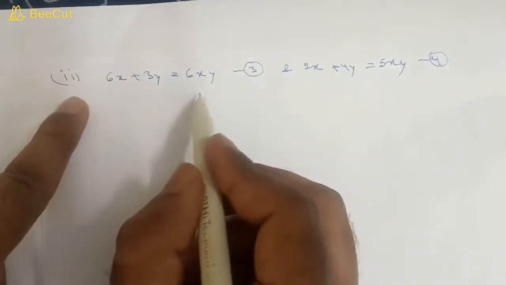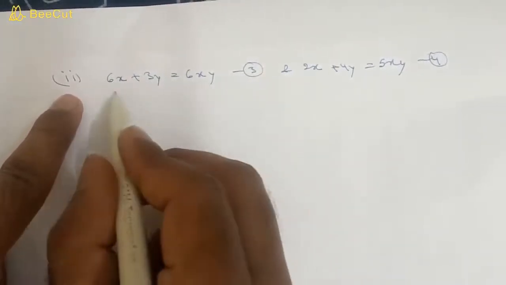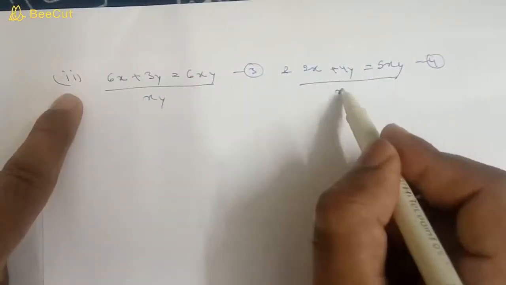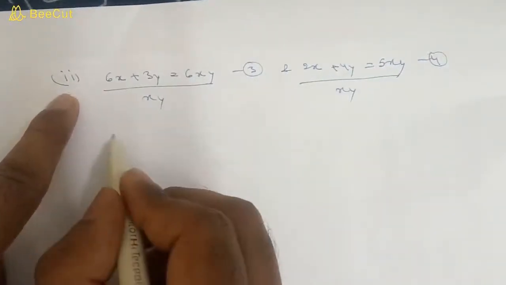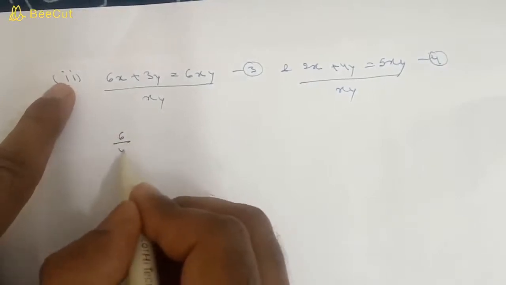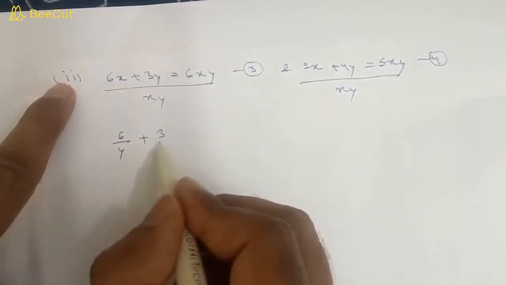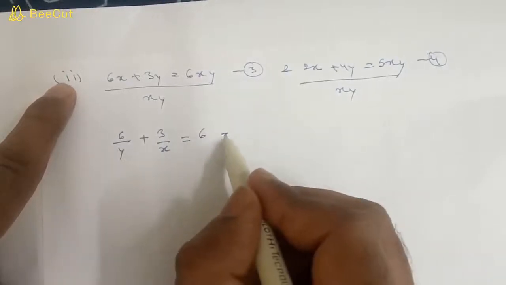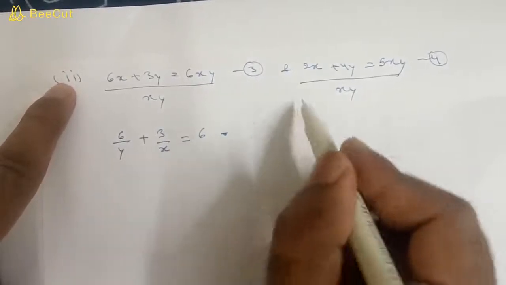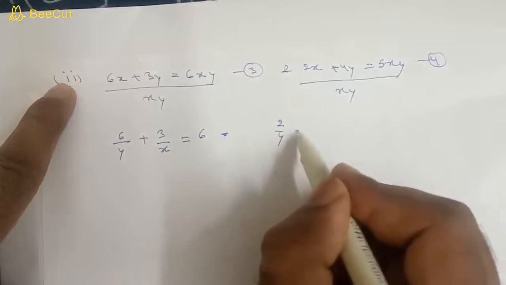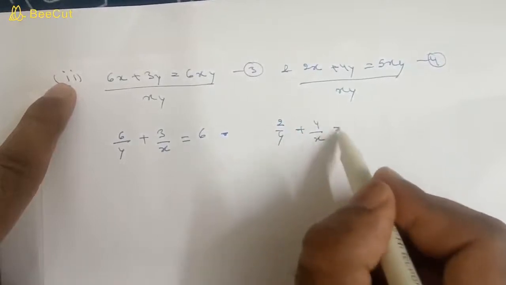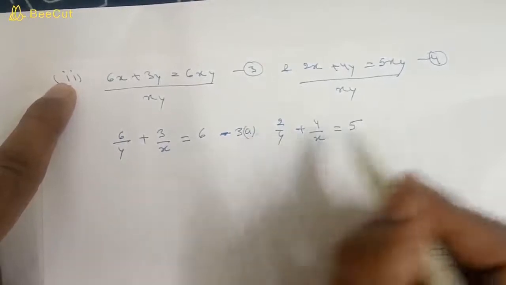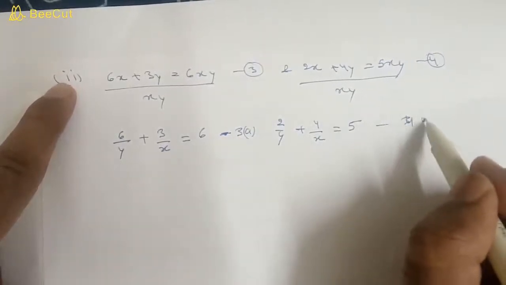If we divide equation number 3 by xy, and divide this also by xy, we will get 6 by y plus 3 by x is equal to 6, and we will get this one, 2 by y plus 4 by x is equal to 5. This is equation 3a, this is equation 4a.